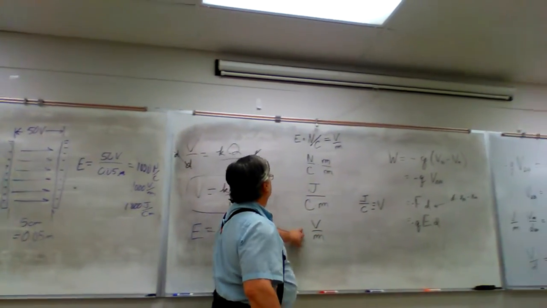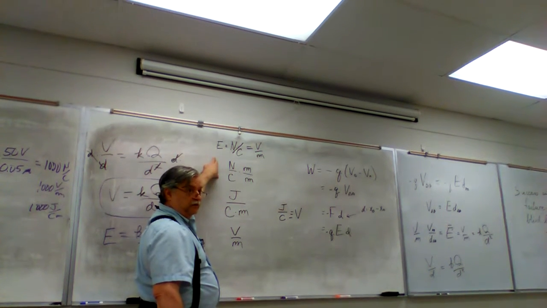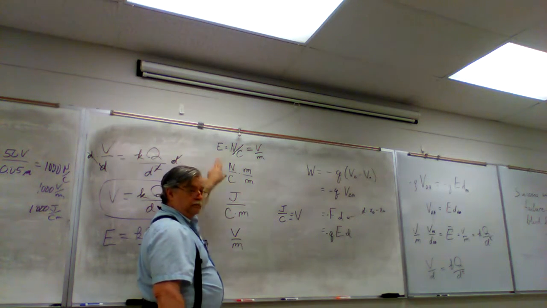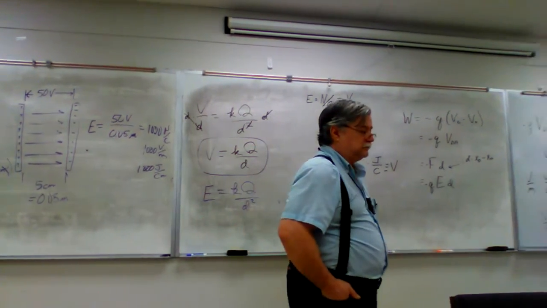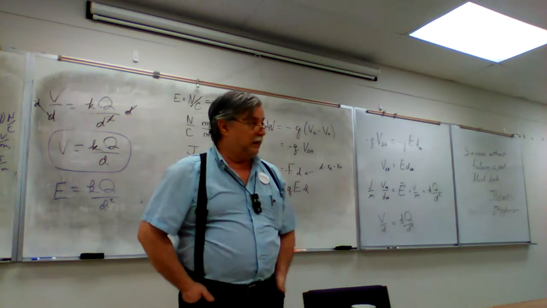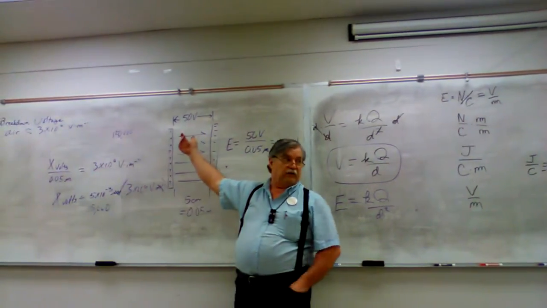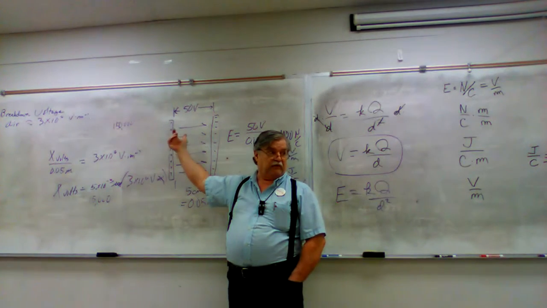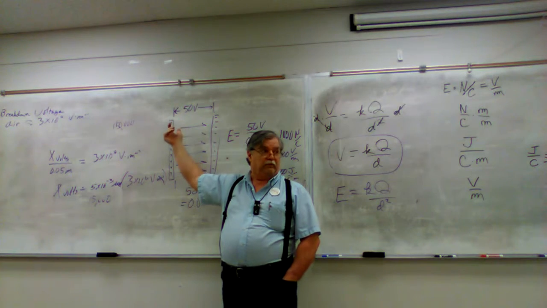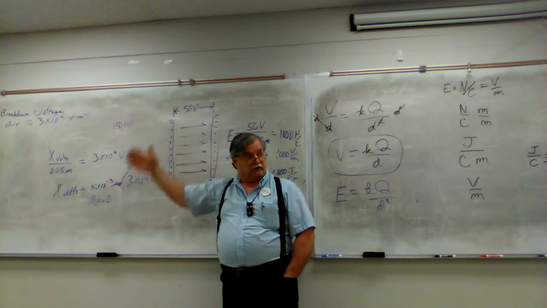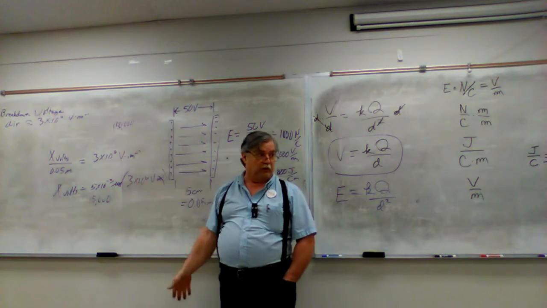The more volts per meter you have, the steeper the gradient of the electric field. Okay. And if that gradient gets steep enough, then the dielectric holding off the flow of electrons, in this case air, will eventually break down and the electrons will be dragged from the higher potential to the lower potential.